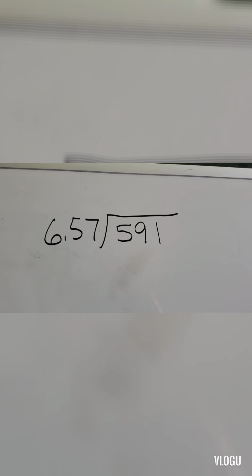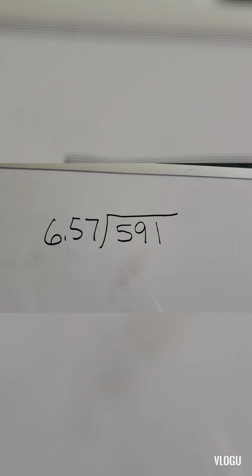So if I guess 8, and I do the math. Well, if you notice, I've already done the math once. I've already multiplied this times 8. So 8 times 7, we got the 6, 5, 2, 5.